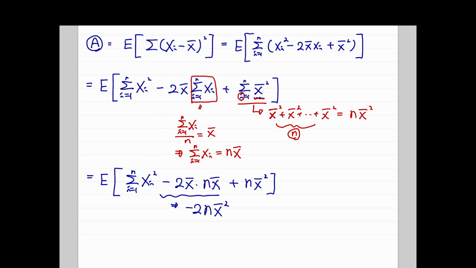So it equals minus n multiply x bar square.